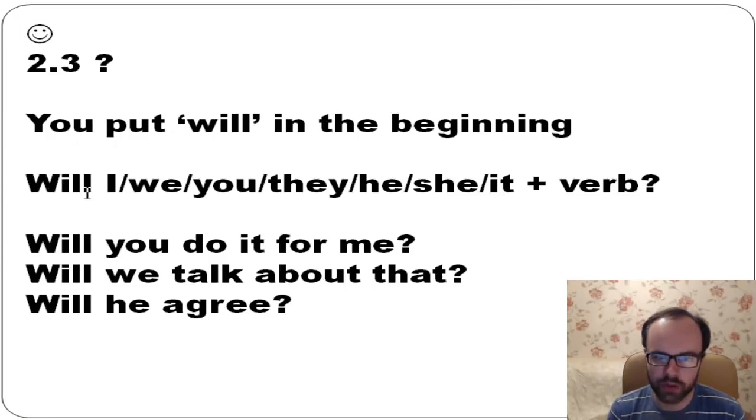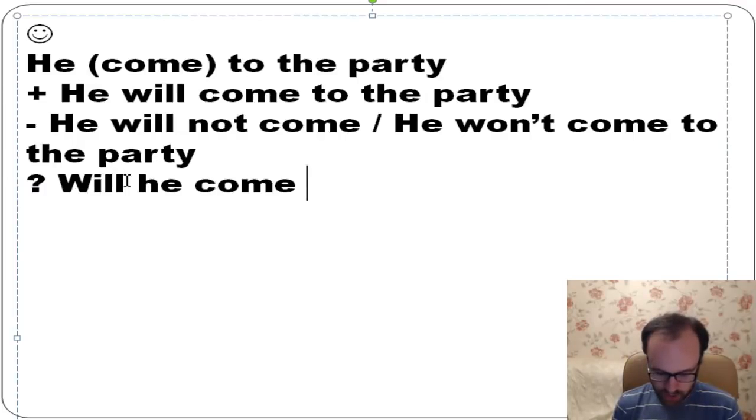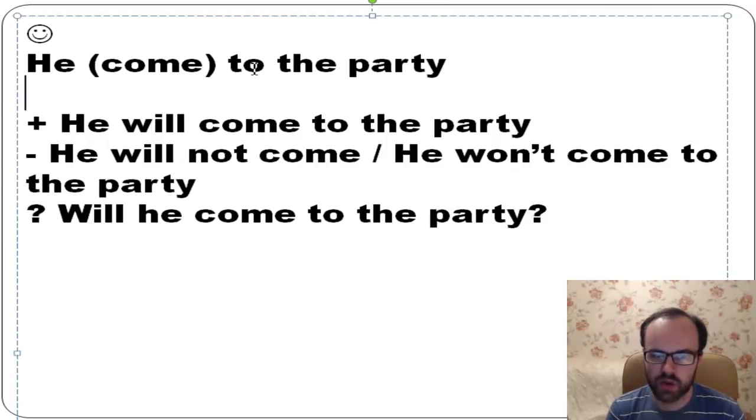We put will in the beginning, then we have a subject and a verb. So, will he come to the party? Okay, very good. So we have he will come to the party. He will not come to the party. He won't come to the party. Will he come to the party?